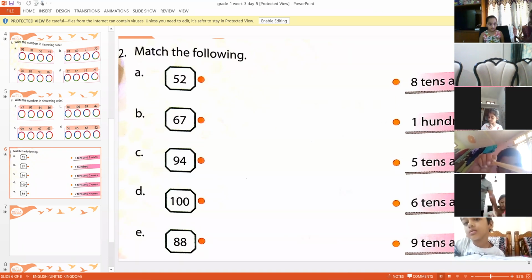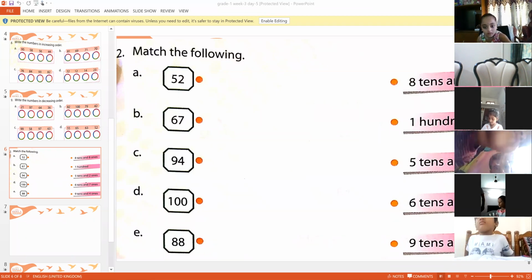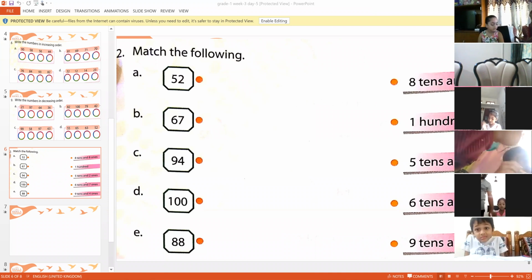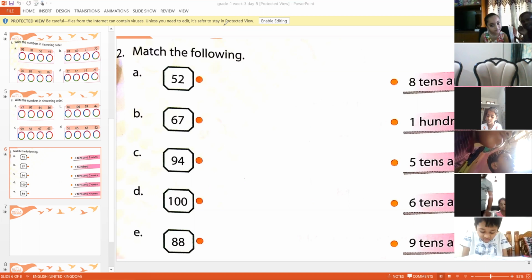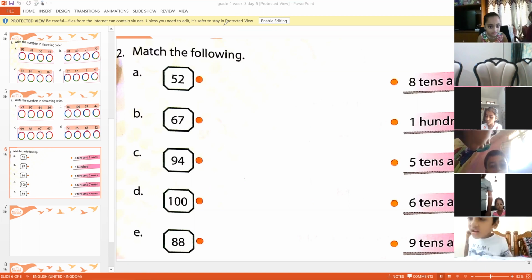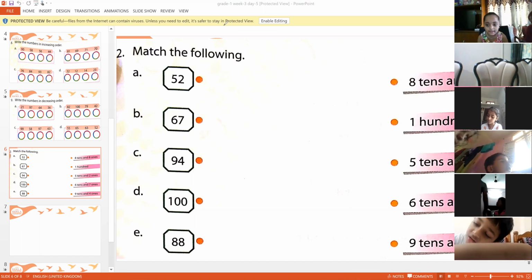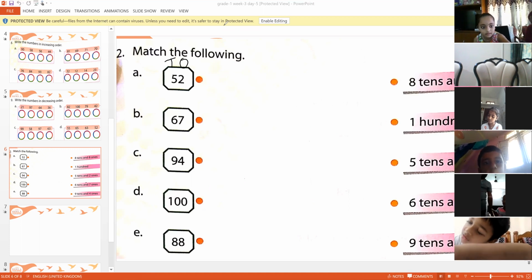Loudly, speak. 5 tens, and what is the number in ones place, Sudhamsh? 2 ones. Yes, so the answer is 5 tens and 2 ones.